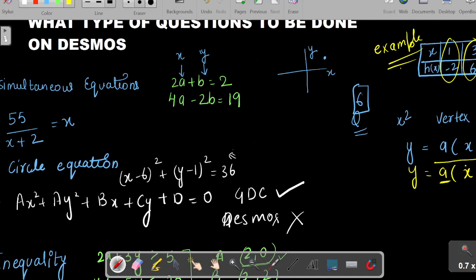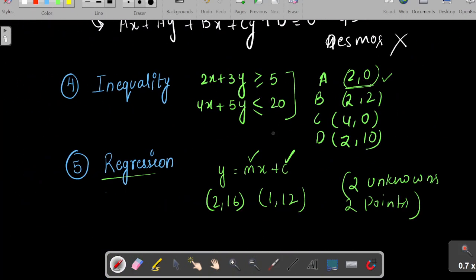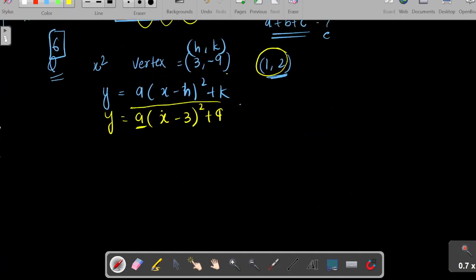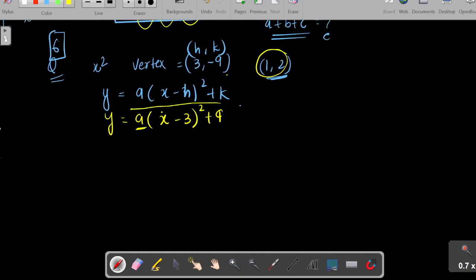If you check here also, the equation is given in general form, slope intercept form. So 2 unknowns, 2 points were given. But whenever the equation is given in vertex form, in quadratic, then we must know the vertex and 1 point. That will work because there is only one unknown left.